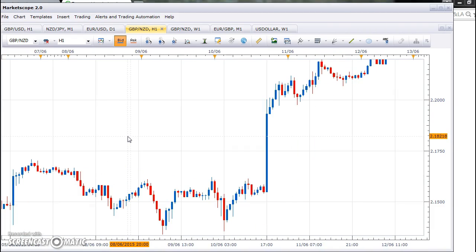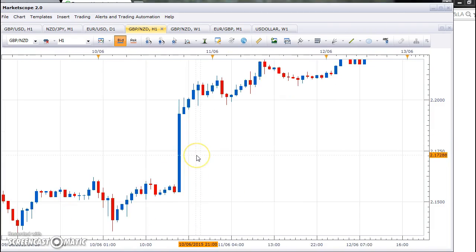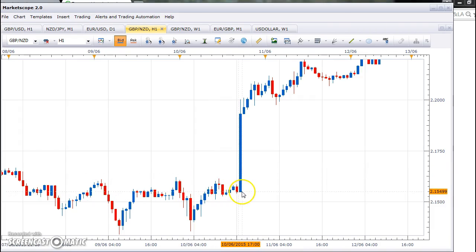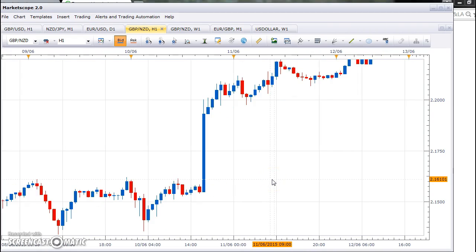This is the Kiwi dollar I'm talking about. The Pound-Kiwi reacted even more strongly than the Kiwi dollar, and we have this candle which was on the hour of the rate release and of the press conference. This measures about 450 pips.